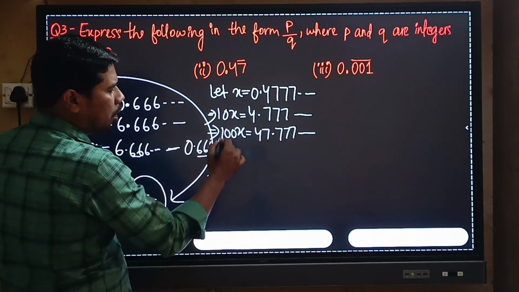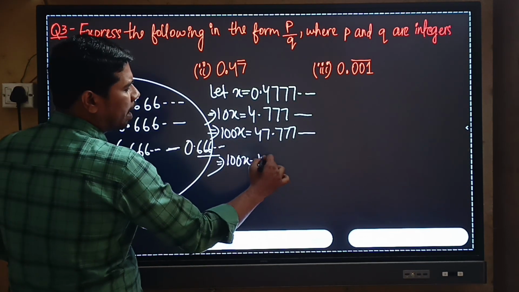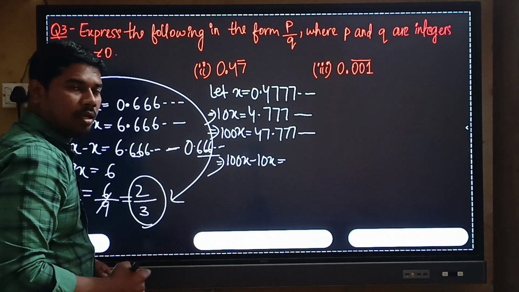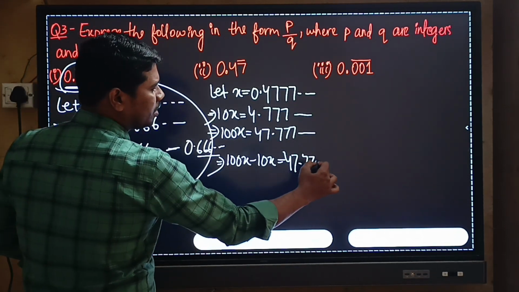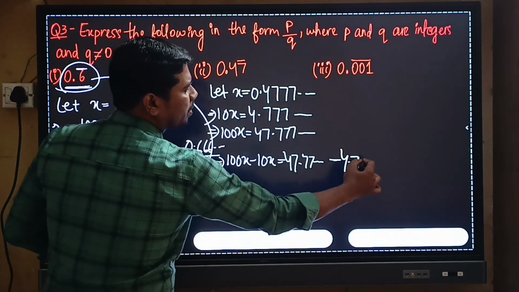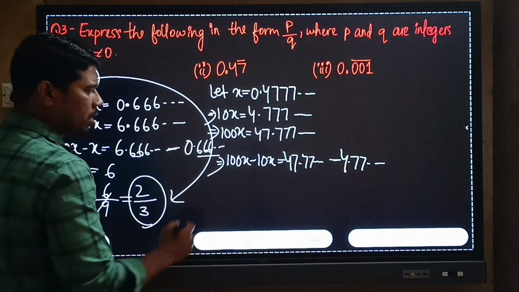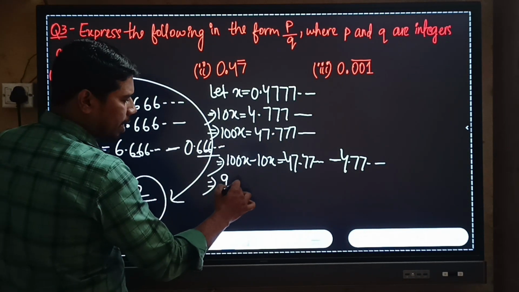Now just see 100x, if you subtract 100x minus 10x, okay, the result will be 47.777 minus 4.777. 100x minus 10x, the result is what? 90x.